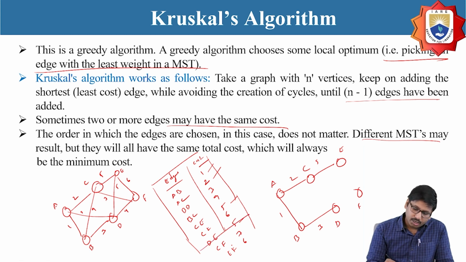Next I can select EF or CF. CF is 7, sorry. So I'm going to select EF, which is 6. And CF, which is 7, if I consider it, is going to form a cycle.